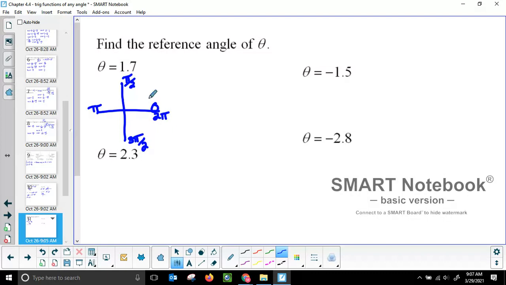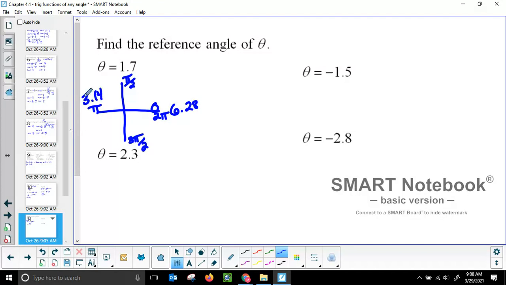So we want to think of decimal approximations for this. Pi is really easy, that's just 3.14. Which means 2 pi is pretty easy, you just multiply that by 2 and you get 6.28.